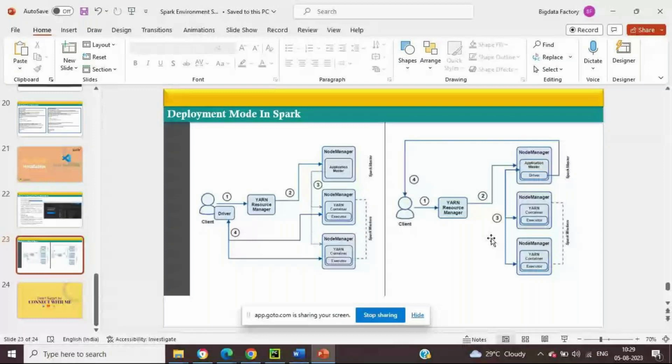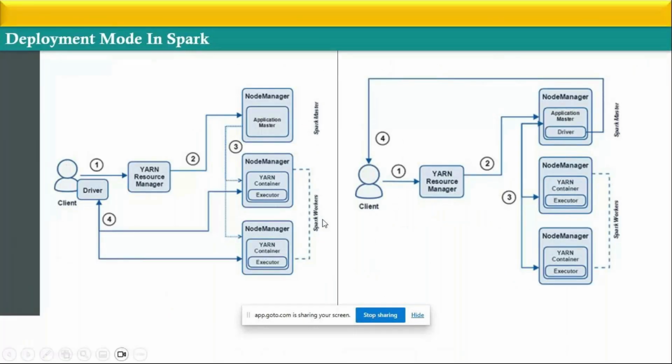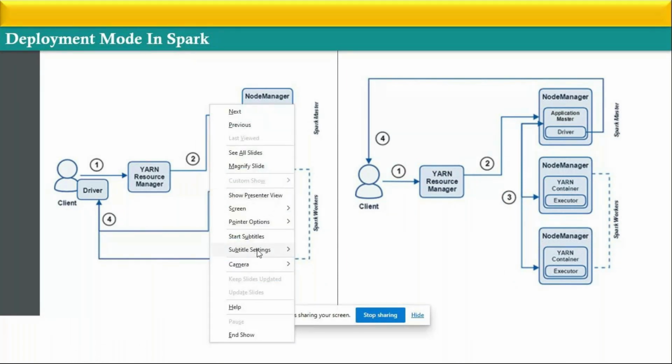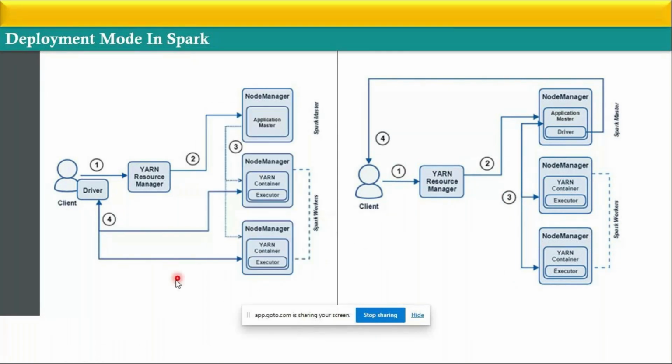So today we are going to discuss deployment mode. What are the different deployment modes? In PySpark, we have two types of deployment mode. The first one is client mode, and the second one is cluster mode.